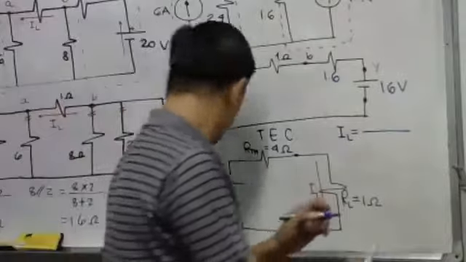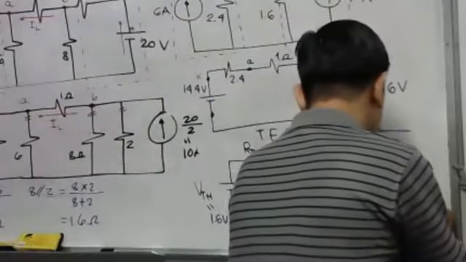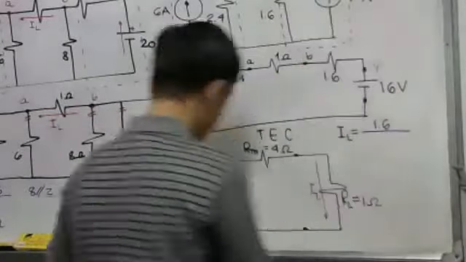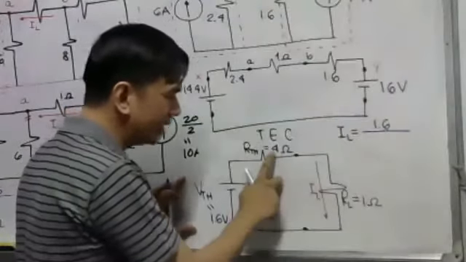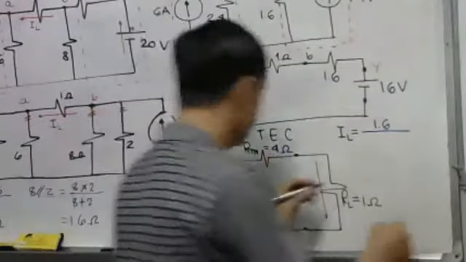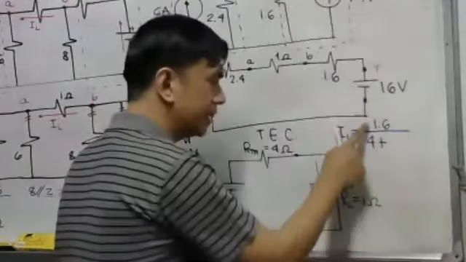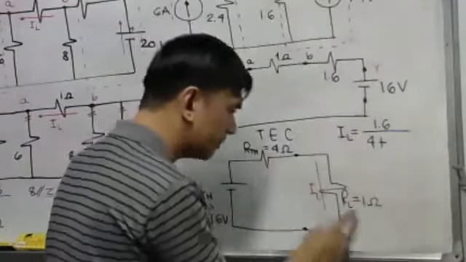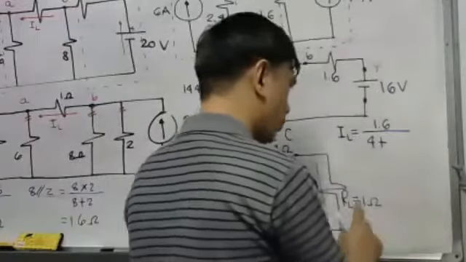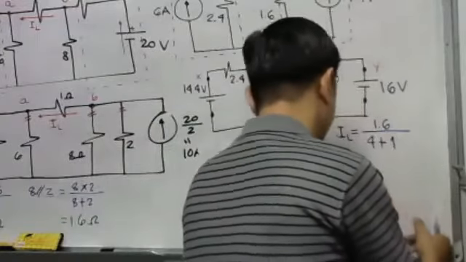So we have here our 1.6 volts, then we have here a 4 ohm. Total voltage over total resistance. So 4 plus 1, we have plus 1 here, our load resistance.